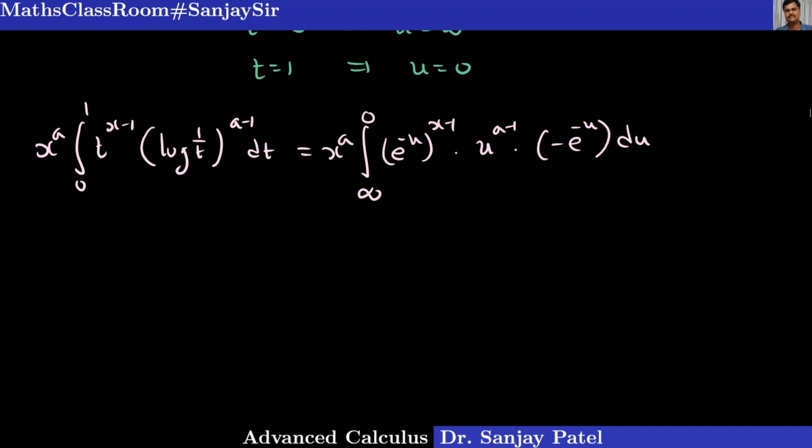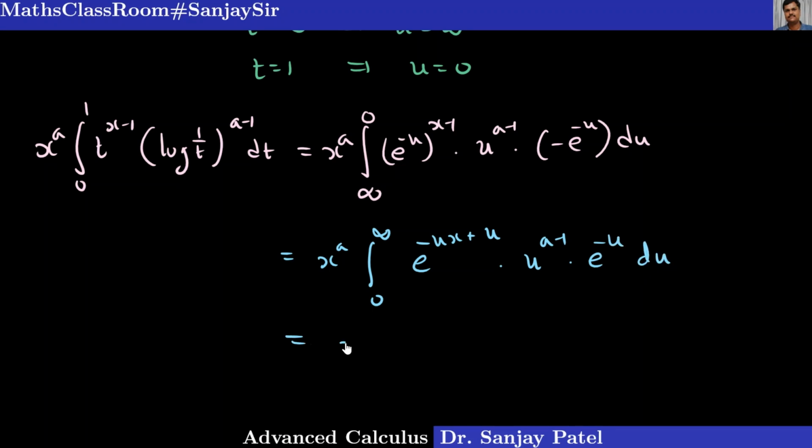So let me interchange the limits of integration. So 0 to infinity, this is e raised to minus ux plus u, into u raised to a minus 1 into e raised to minus u du.